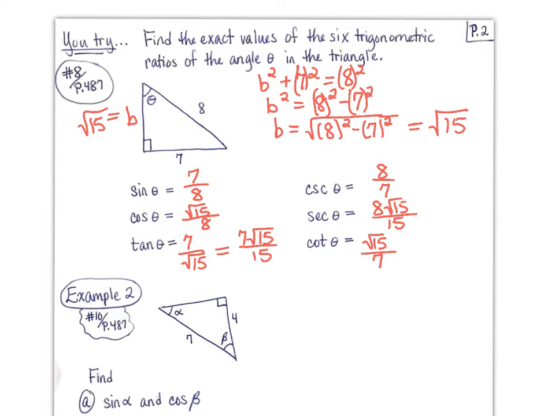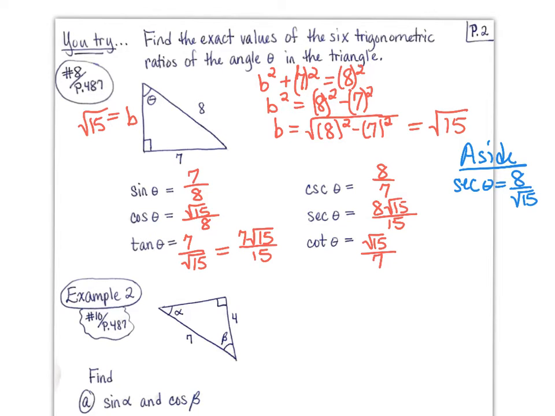Can you explain the rationalizing again? Absolutely. So an aside for the rationalization part, let's take a closer look at secant of theta. Secant of theta will be 8 over square root of 15, right?